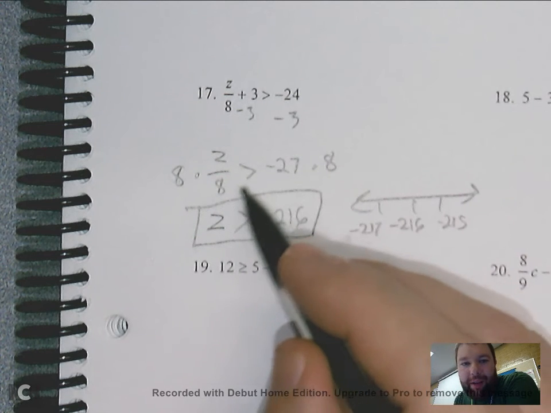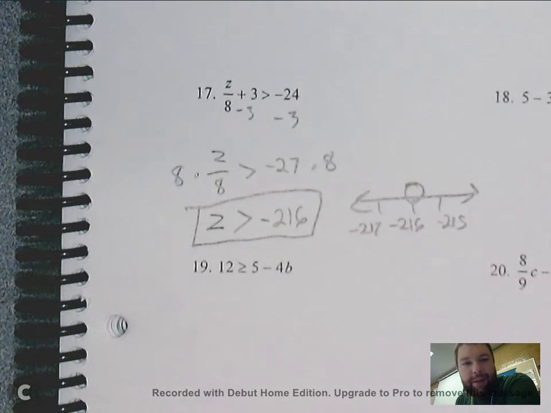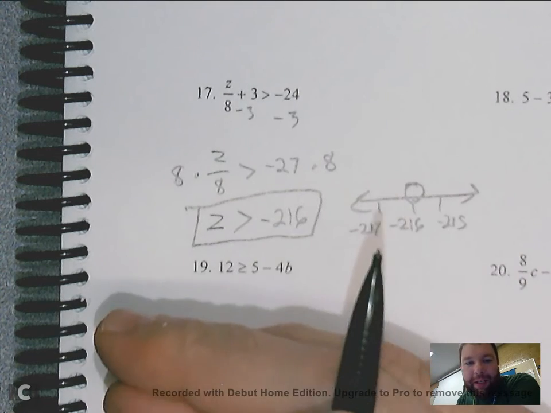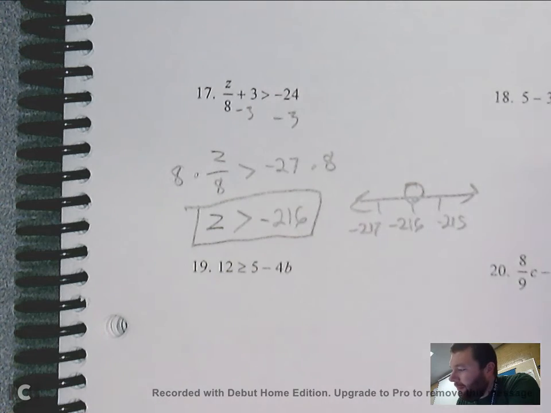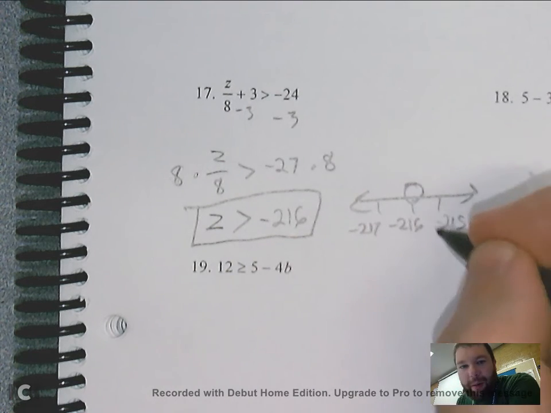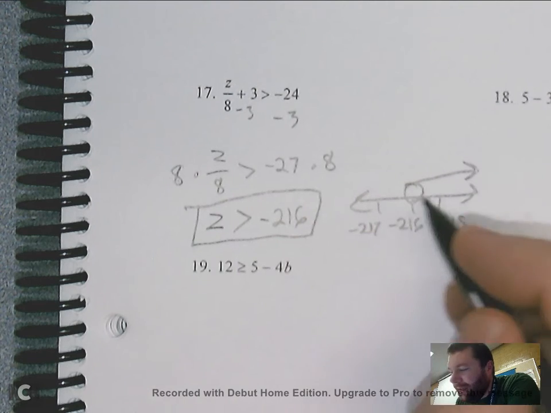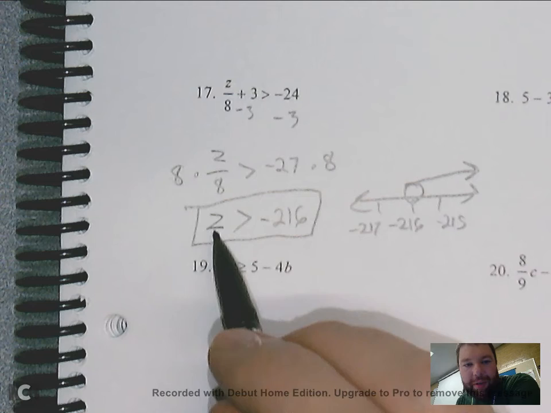It doesn't have that line underneath it, so instead of a closed circle, I'm going to use an open circle. Okay. And then if we look at it, the alligator's eating the variable. That means the variable represents all these numbers that are bigger than negative 216, and the direction that has bigger numbers is to the right. So we're going to have our arrow going to the right. Because again, this arrow is representing all the numbers that our variable is representing.